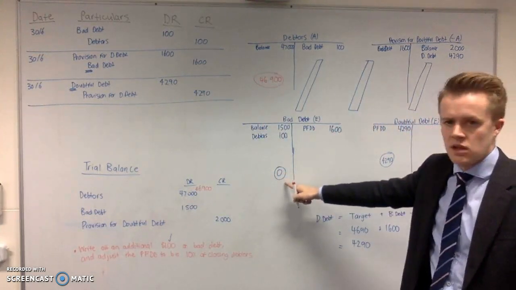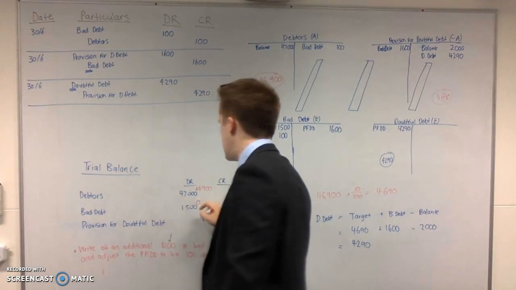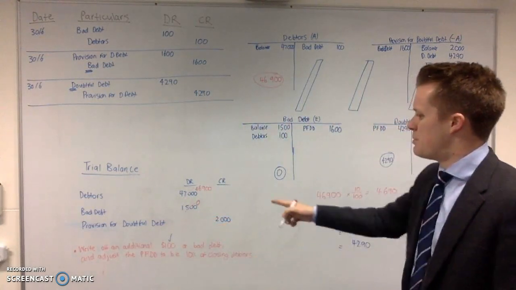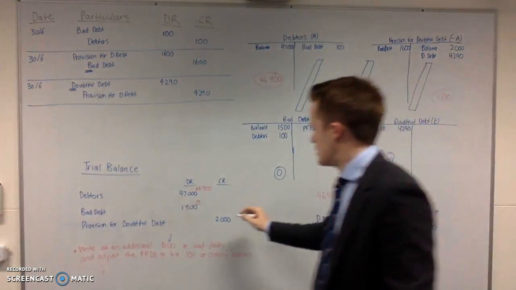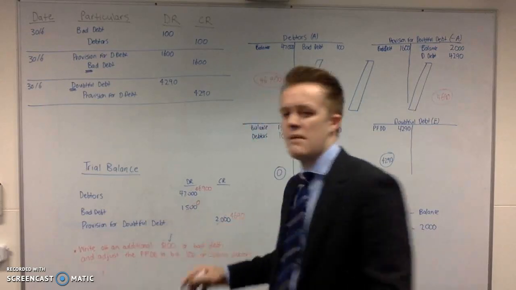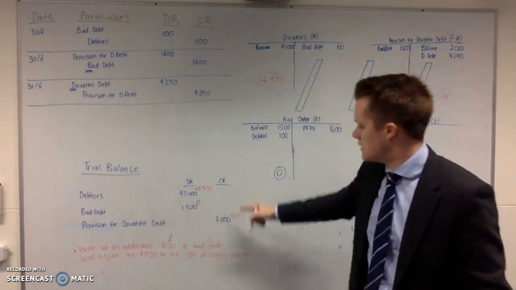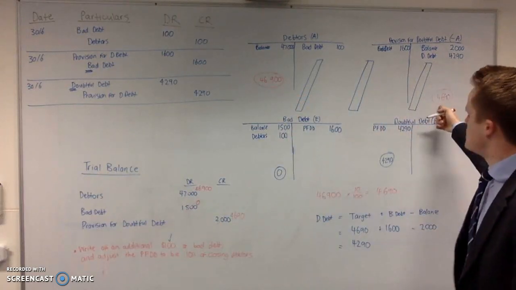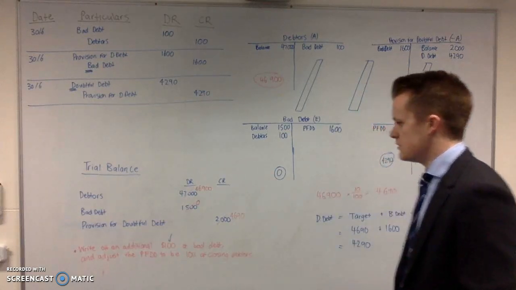Well, it's 0 because we closed it off, remember? The provision balance, that's 4,690. So don't mind about how much is increasing or decreasing. Get the correct balances in. 4,690 is our balance, so that's what we need to adjust that amount to.